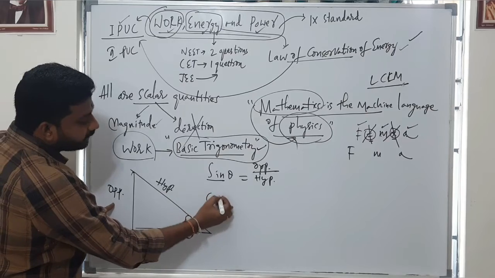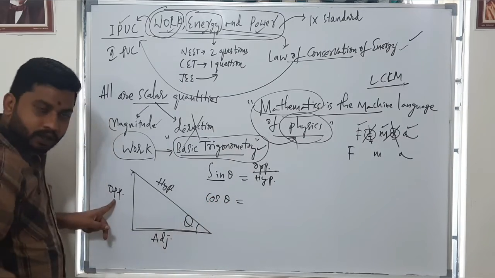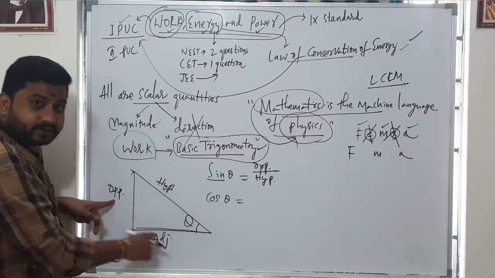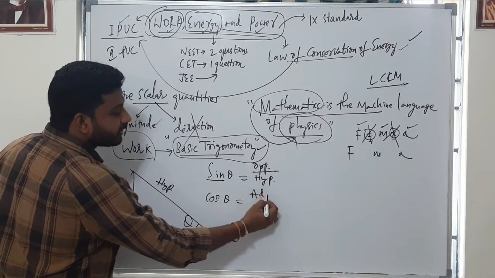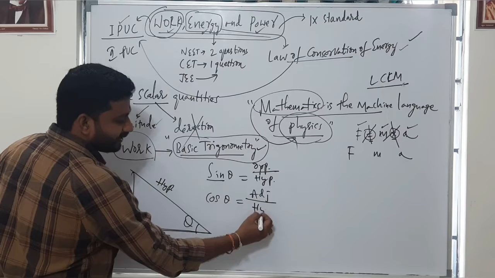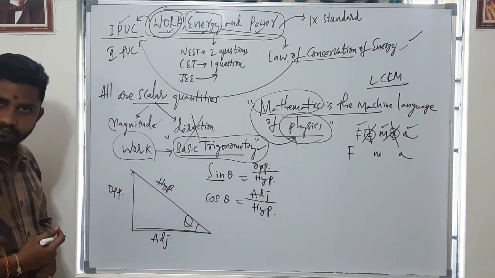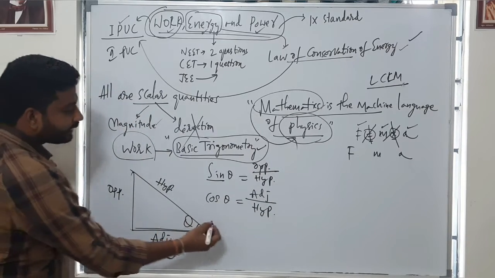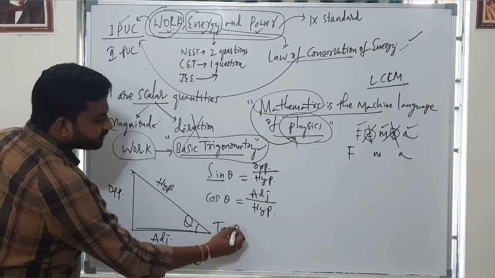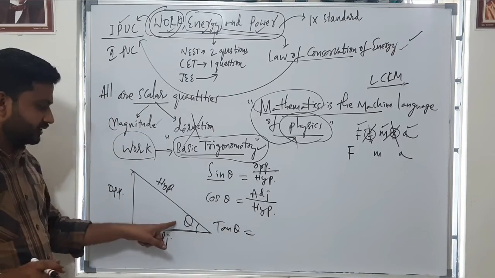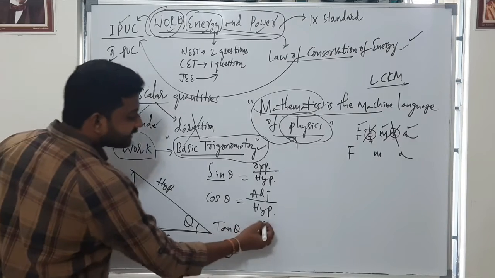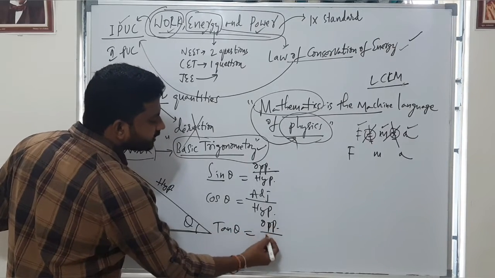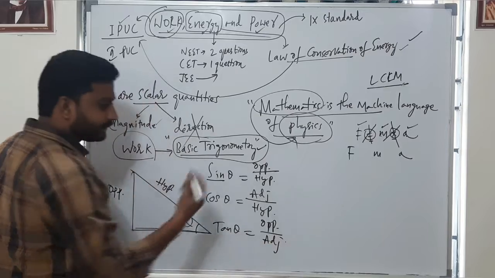The cos of the angle for this triangle is adjacent side by hypotenuse. Now, tan of the angle for this triangle is equal to opposite side by adjacent side. This is just a quick recap.